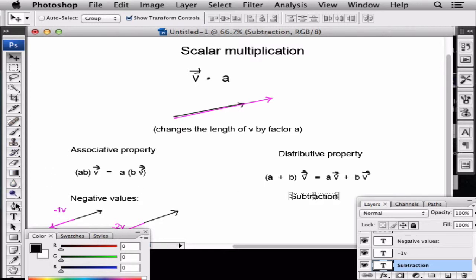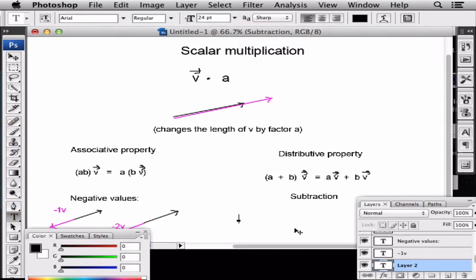Yeah, just put in a little formula of what I just said. So v minus w is v plus minus 1 times w.